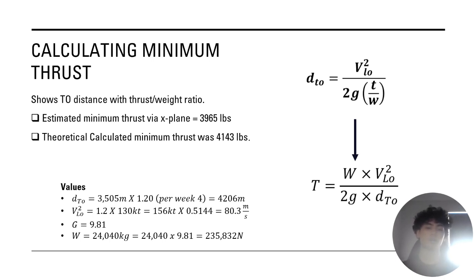We calculated the minimum thrust to be around 4,143 pounds of thrust. When we compare this to our simulation in X-Plane, which gave us about 3,965 pounds of thrust, the difference is small, meaning that X-Plane has real-world applications.